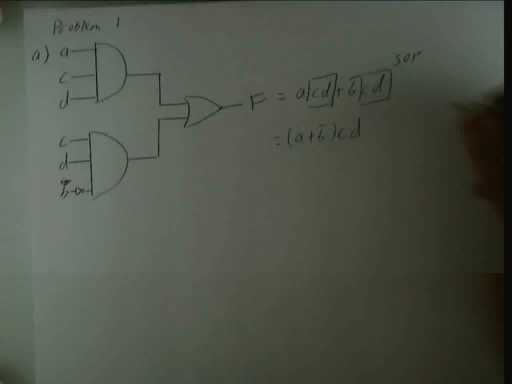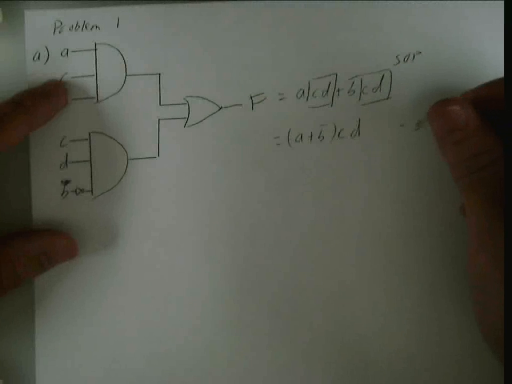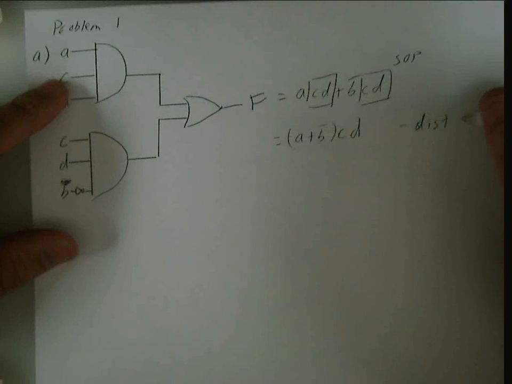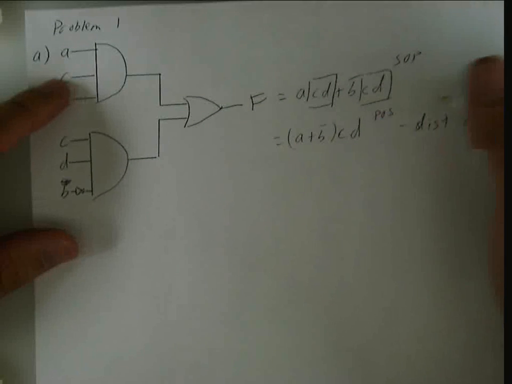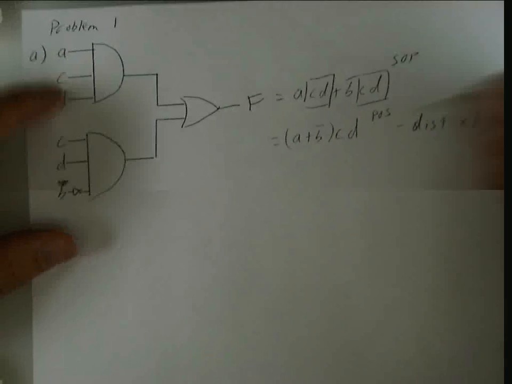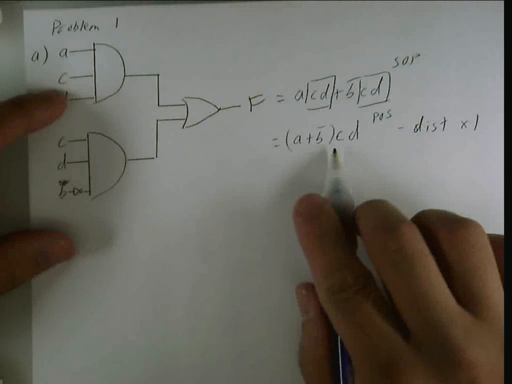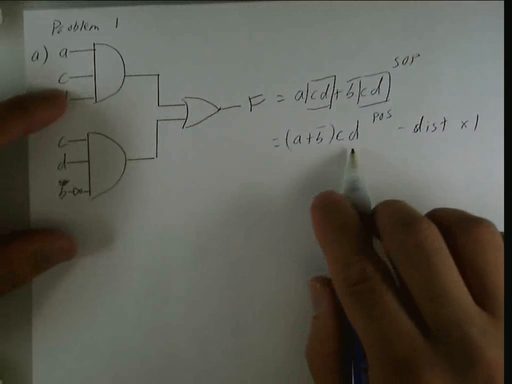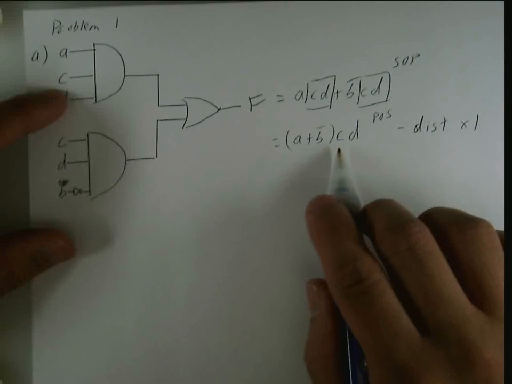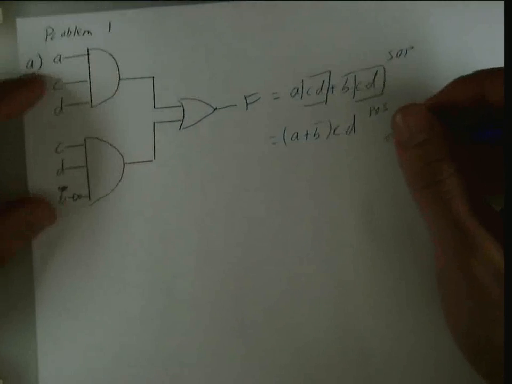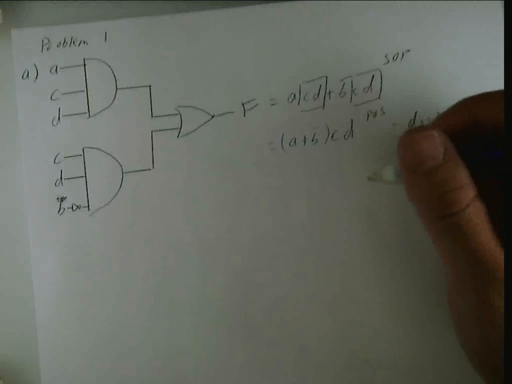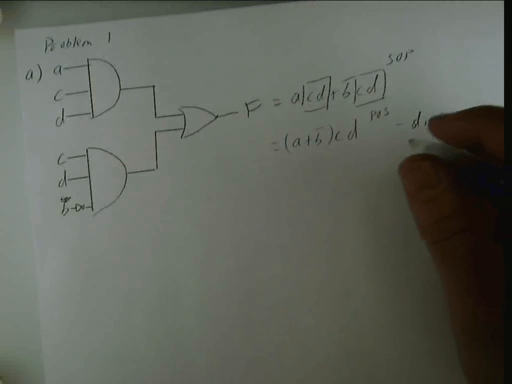We are at our POS expression, so this was done with one distribution, and this is our POS solution. Because we can think of the single C as a sum term, and we think of our product of sums. This is a single sum term and this is a single sum term. And now we know how to implement this with an OR circuit.